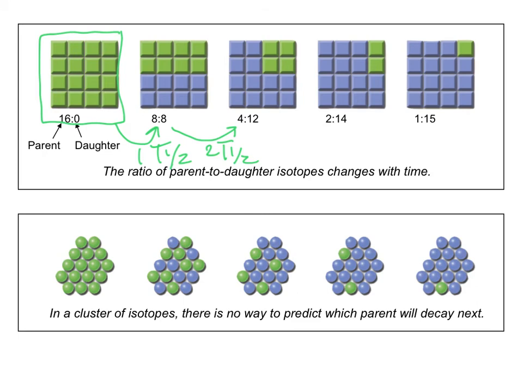We just know that averaged over time, a certain number will decay away, and we can quantify that by studying these isotopes and saying, okay, we know that over this period of geologic time, you're going to lose half of your parent isotopes. We don't know exactly which isotopes or when that decay process is going to happen to each individual isotope, but we do know that over this period of thousands or millions or billions of years, half of the parent will be gone, will decay and turn into daughter.